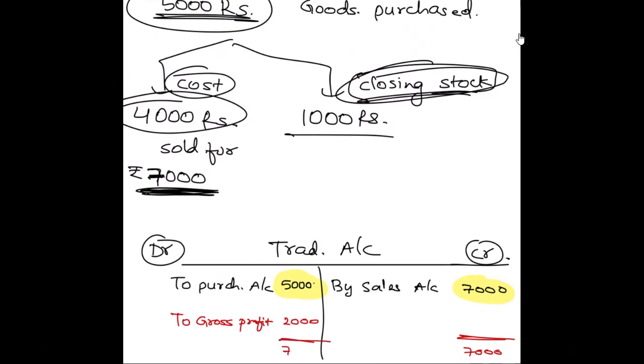So debit side total should also be 7,000. So my gross profit would be 7,000 minus 5,000. Balancing figure is 2,000. Do you think this is correct? Everyone, tell me. Is it actual profit of only 2,000?